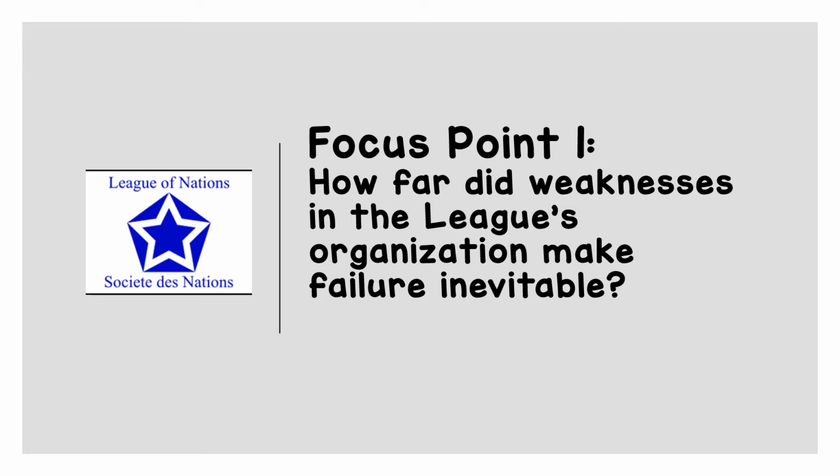We're going to first try to understand a little bit what the League of Nations was and how it was born. And then afterwards, we will look at different aspects of the League of Nations, to try to understand if in fact it was doomed to fail from the beginning.